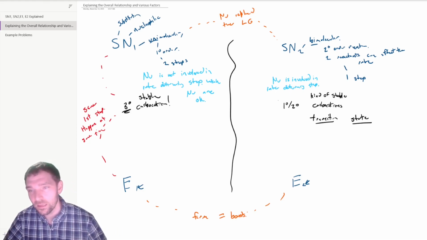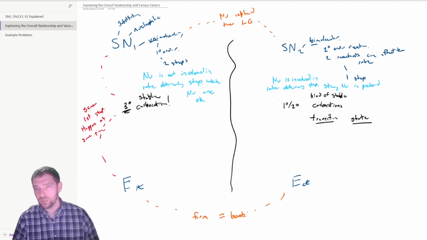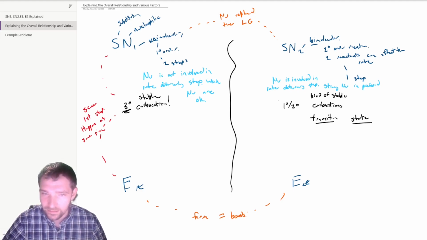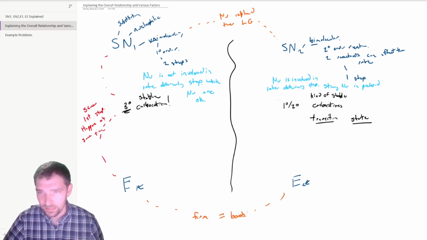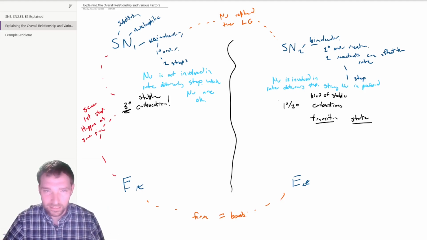Whereas here, a strong nucleophile is preferred. So if you have a stronger nucleophile with a secondary carbocation, then it's going to favor SN2 or E2. But if it's a pretty weak nucleophile, you might have something more like an SN1, although those are best with your tertiary carbocations.